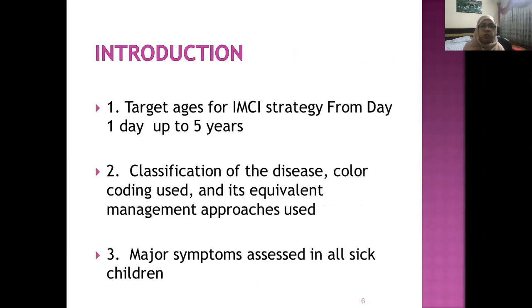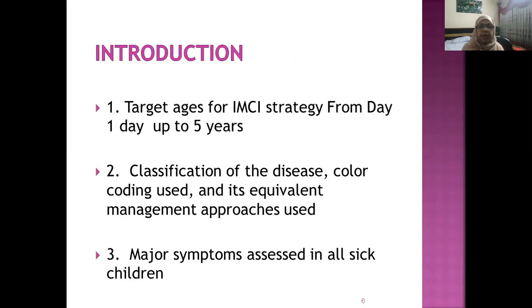The target age of IMCI strategy is from day 1 up to 5 years. The classification of the disease is done by color coding systems, and its equivalent management approaches are used according to the severity of the disease that I'm going to mention to you in the next slides.